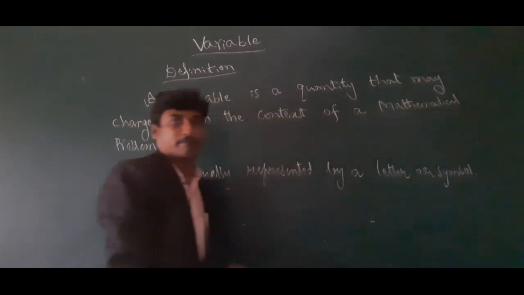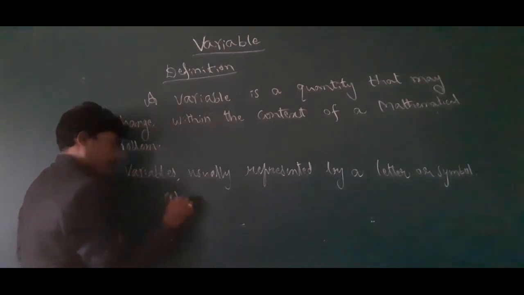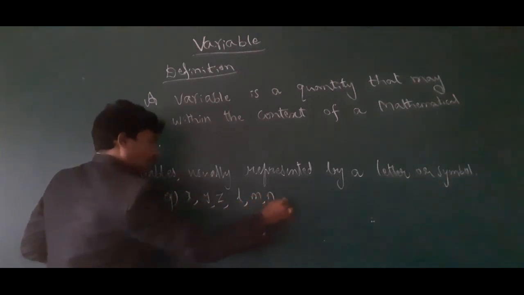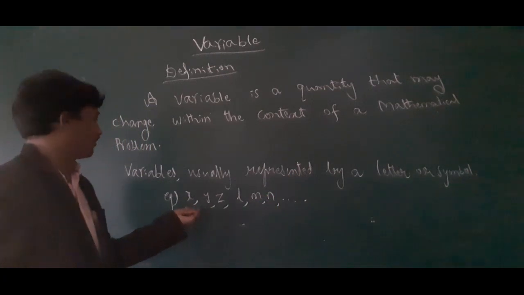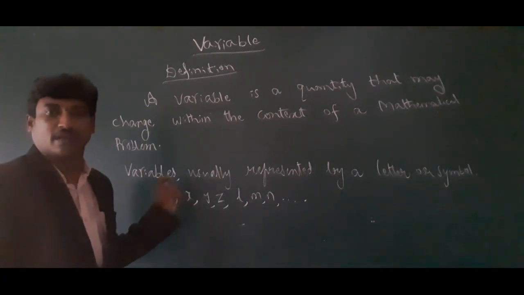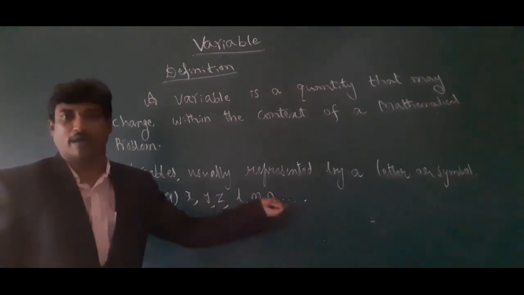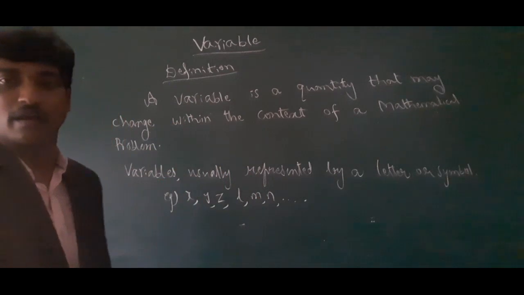For example, x, y, z, l, m, n, and so on. We can represent a variable with x or y or z or l or m, n, or any letter or symbol we can use for a variable.